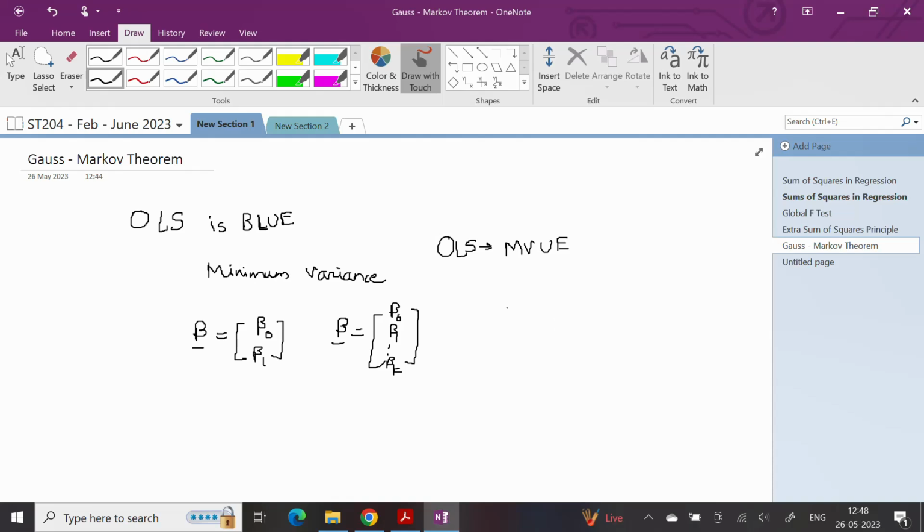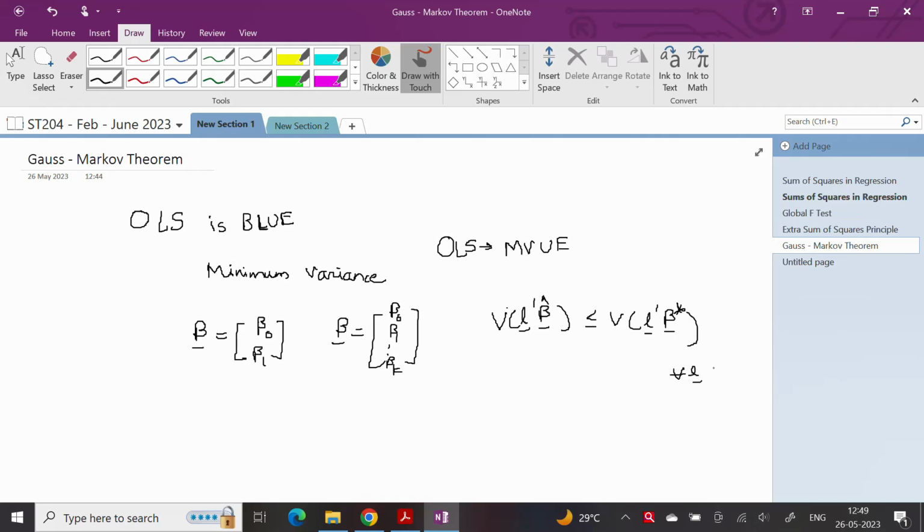So what we do in such a situation is prove that variance of any linear combination, so variance of L prime beta hat, should be less than or equal to variance of L prime into any other estimator, let's say beta star.